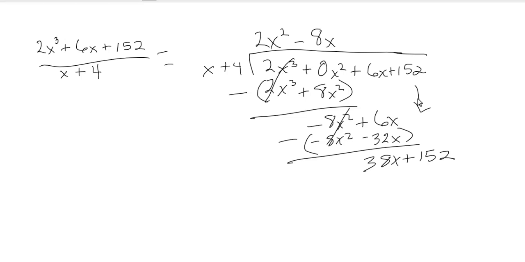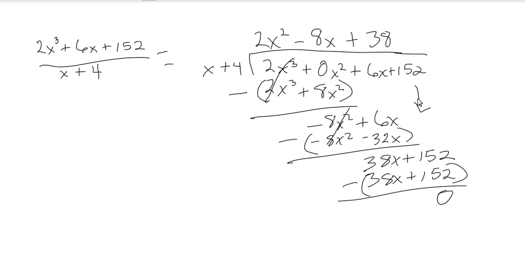And so simply a positive 38, if I multiply that times x, is going to get me the 38x that I need. So 38 goes on top. So 38 times x is 38x plus 38 times 4. Well, 38 times 4 should be 152. When I subtract these, I get 0. And therefore I have no remainder. My final answer is 2x squared minus 8x plus 38.